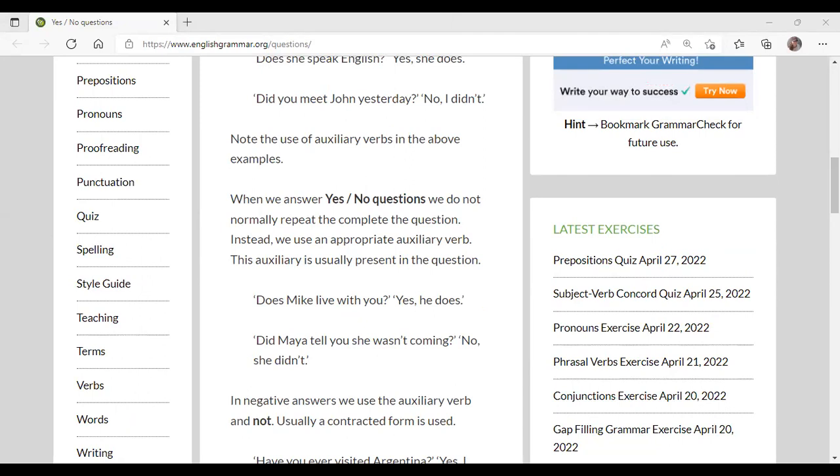La primera. Do you like reading the newspaper? Esa es la primera pregunta. Second question. Do you have children?